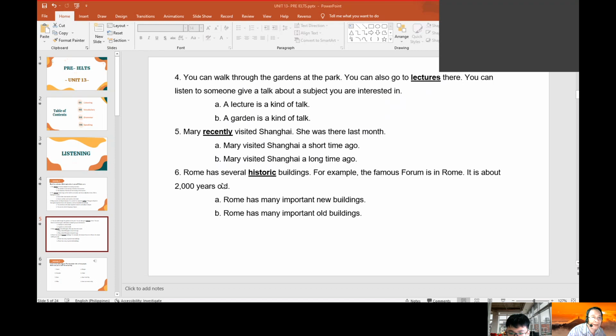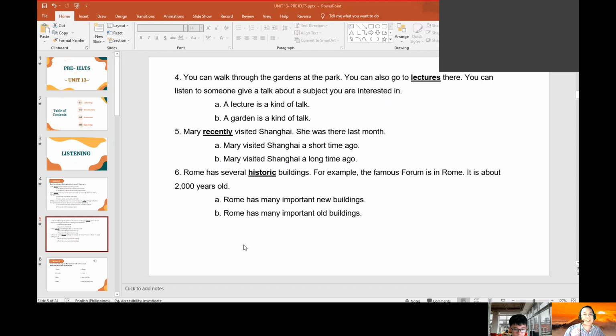Next, number six. Rome has several historic buildings. For example, the famous Forum in Rome is about 2,000 years old. Yes. So when you say historic, it means Rome has many important old buildings, because those are historical already. There would be a lot of happenings in there.